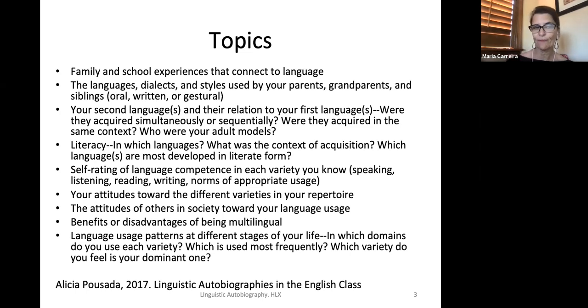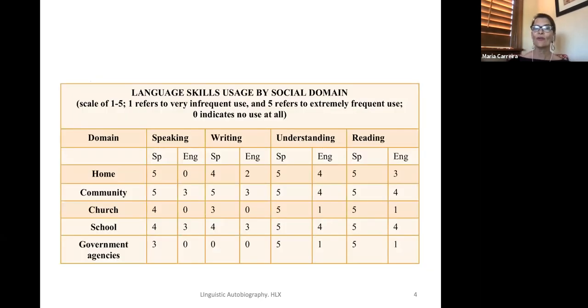Posada offers this graph where she asks students to rate the frequency of usage of both of their languages with respect to the four skills and in the domains listed on the leftmost column.